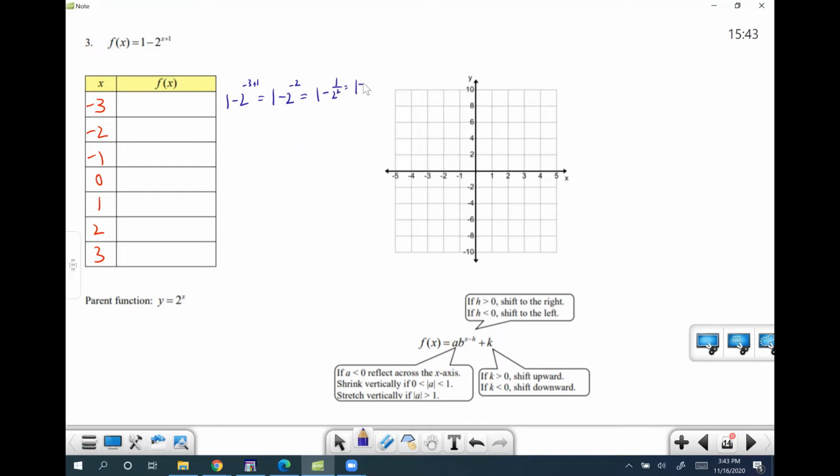So this is just 1 minus 1/4, which you can use your calculator or do by hand, 3/4. Okay, let's plug in -2. 1 minus 2, -2 plus 1 is -1. We just said if you have a negative exponent, put it under 1 and make it a positive exponent. So this is going to be 1 minus 1/2, which is just half.